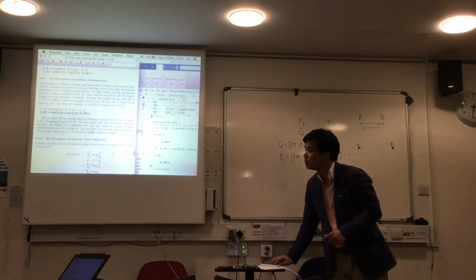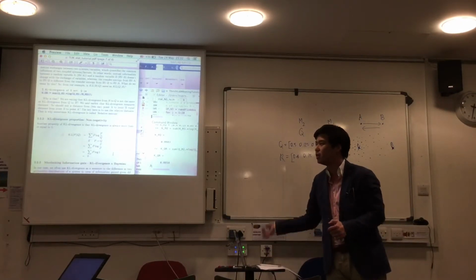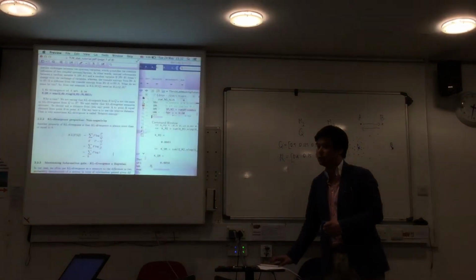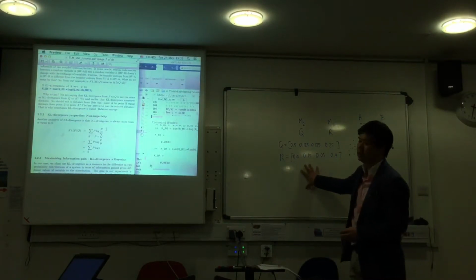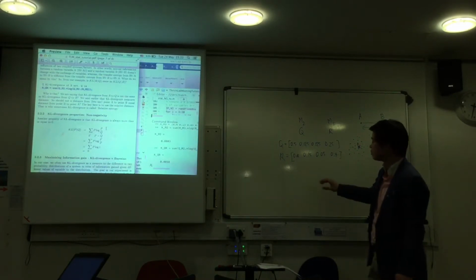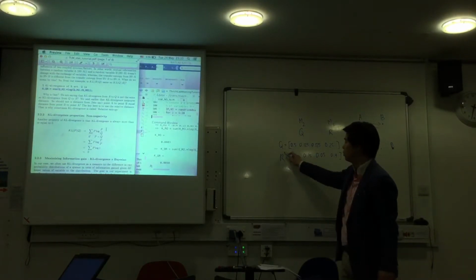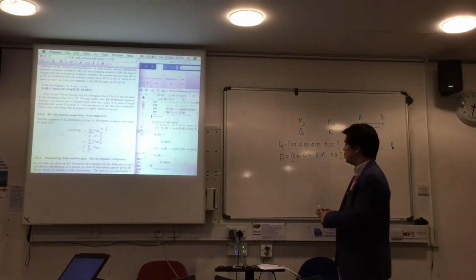And another property is that KL divergence is always equal to or more than 0. Why is that? Because let's say you keep observing a system. Let's say this is your prior distribution, your current distribution.